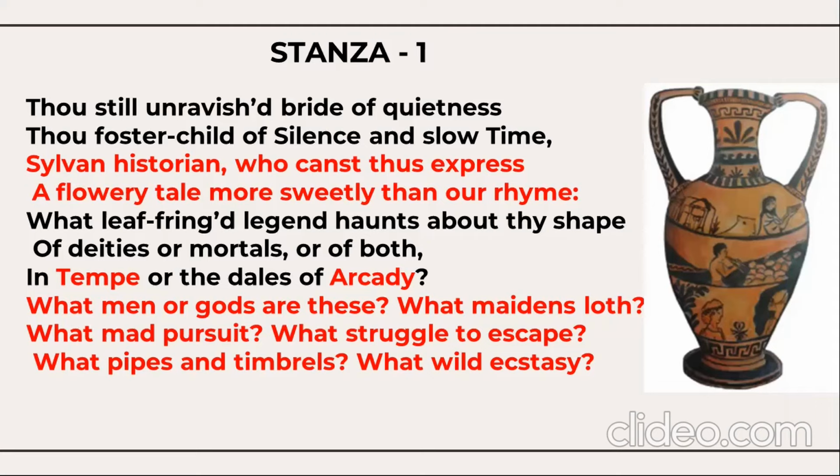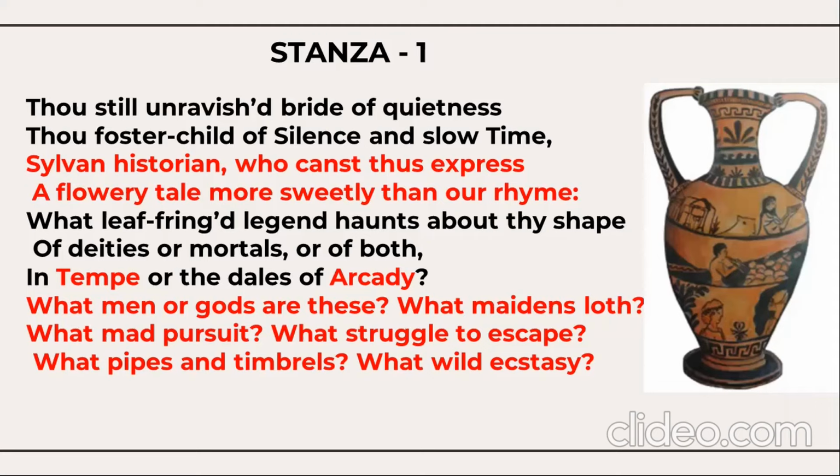So that's why he says here, a flowery tale more sweetly than our rhyme. So the stories which are depicted by the images or the scenes of this urn are more impressive than his own poems. Okay, now let's move to line number 5.